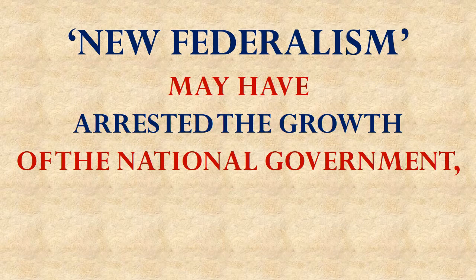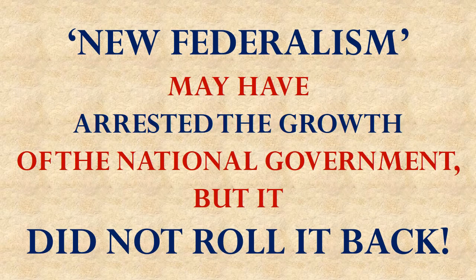While in the past we had the events of the Hamiltonian economic program, of the Civil War, of the New Deal and the Great Society, and the Rights Revolution, which all seemed to lead to larger national government and smaller state governments, new federalism brought in with the Reagan Revolution led to a halt of the growth of the national government. But what it failed to do, which Reagan had wanted to do, was actually roll back the size of the national government.